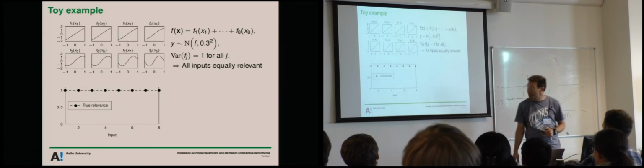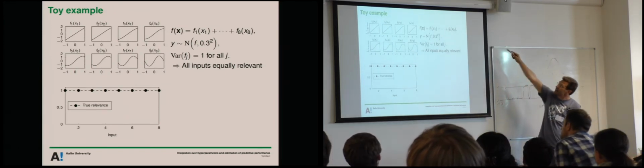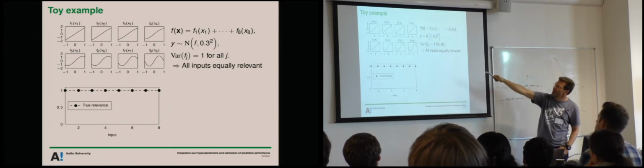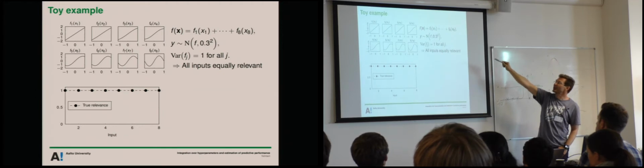Here's a toy example illustrating it. The function is just an additive function of these 8 terms you can see there. And you can see that there's a variation in nonlinearity of these terms added.